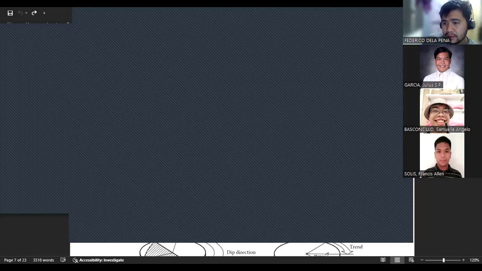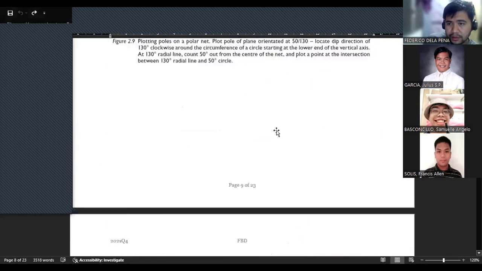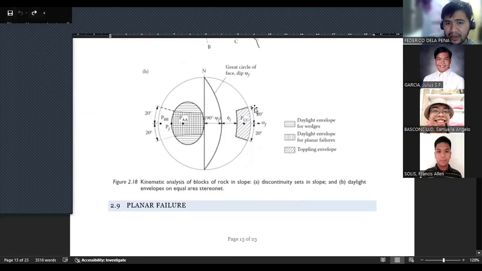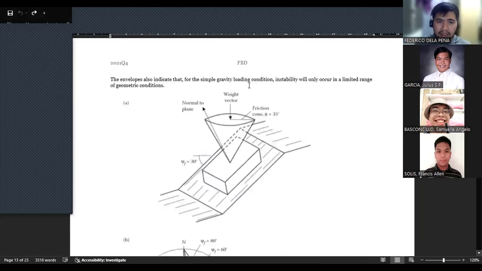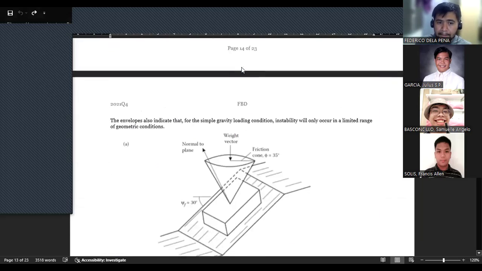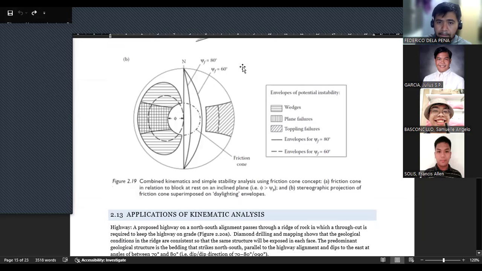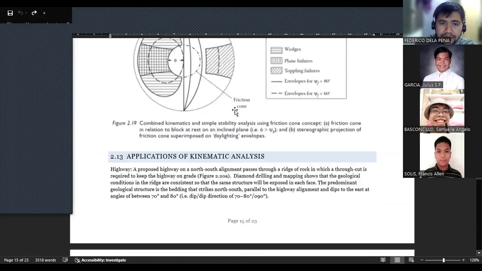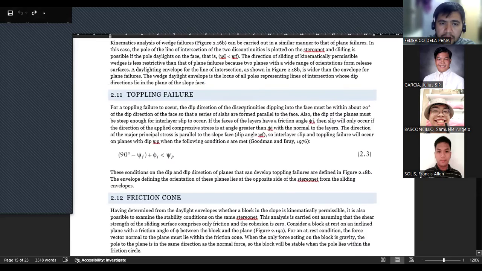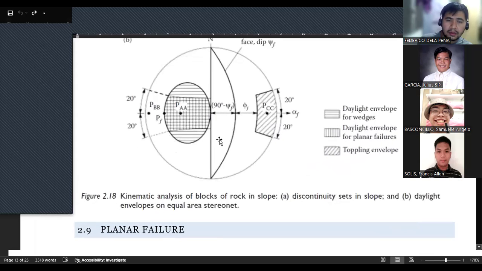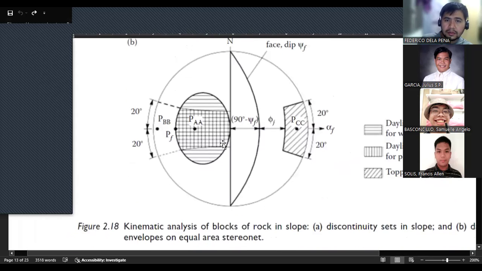Okay, let's go back to the exercise document. Now, how do we plot or represent these criteria in the stereonet?